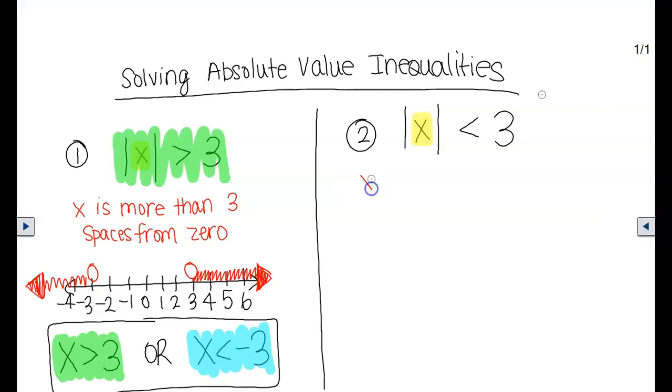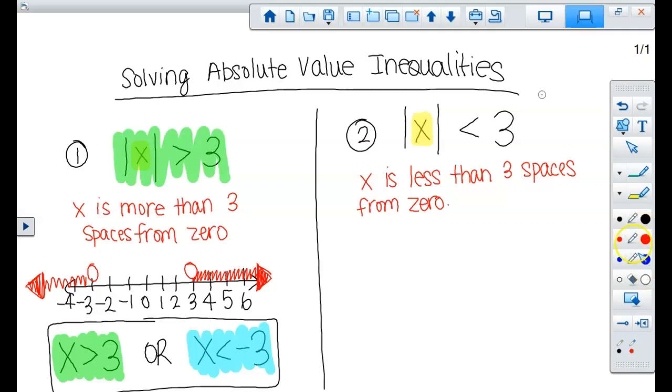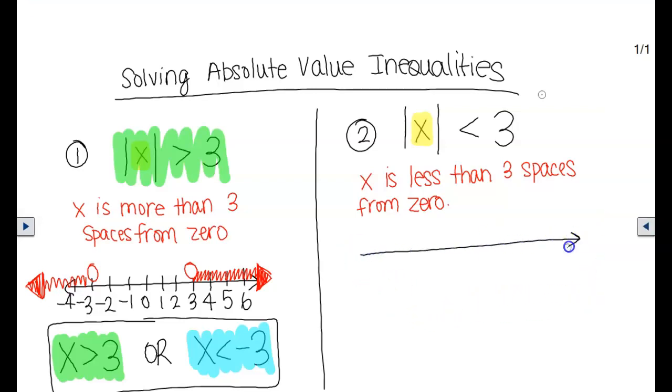So this problem is trying to tell me that x is less than 3 spaces from 0. So this time the numbers that I choose for x need to be less than 3 spaces away from 0.